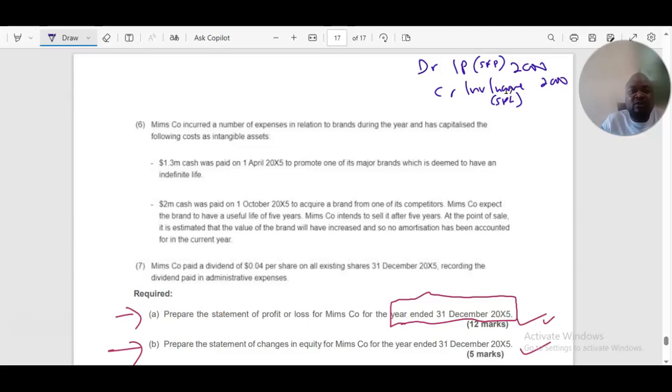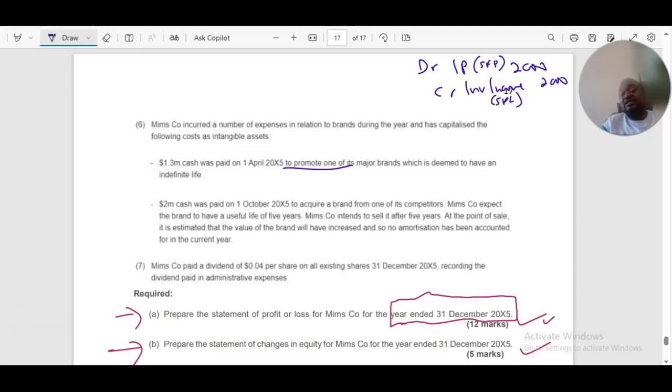So let's start with the 1.3. 1.3 million cash was paid on 1st April to promote one of its major brands, which is deemed to have an indefinite life. Now the question that has to be asked is, is promotion capital expenditure or revenue expenditure?